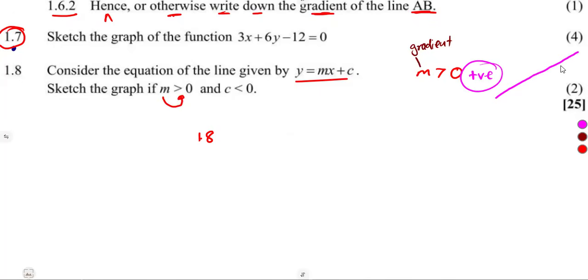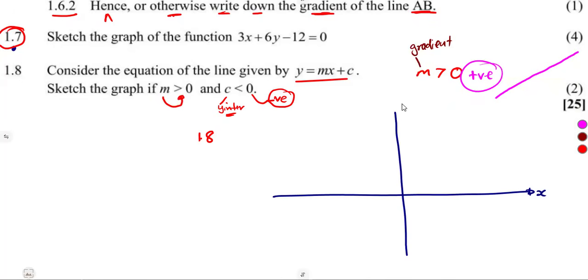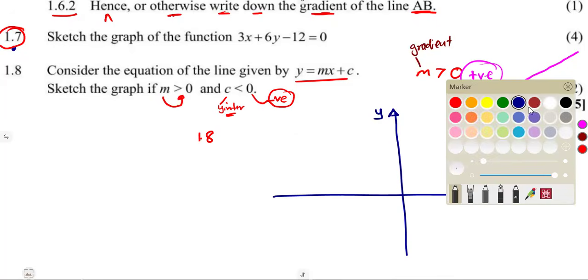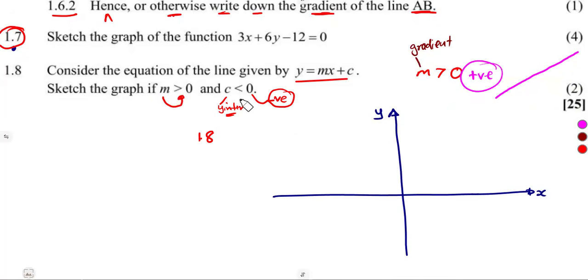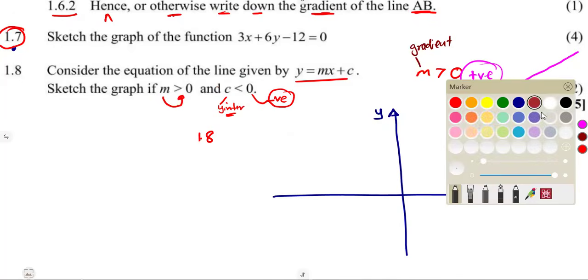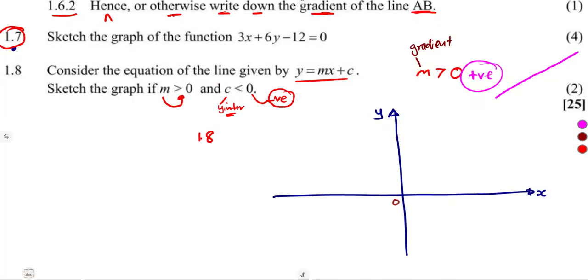The steepness of the slope. Another part, we are given that c is less than 0. We are talking about a negative there. But remember, c represents what? The y-intercept. So they are simply saying the line that we are going to have as our sketch is going to cross the y-axis below 0, here, below, like this.